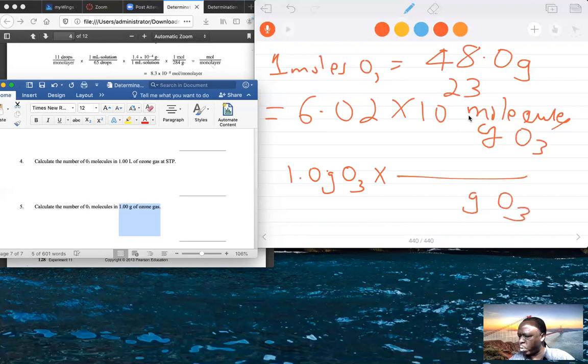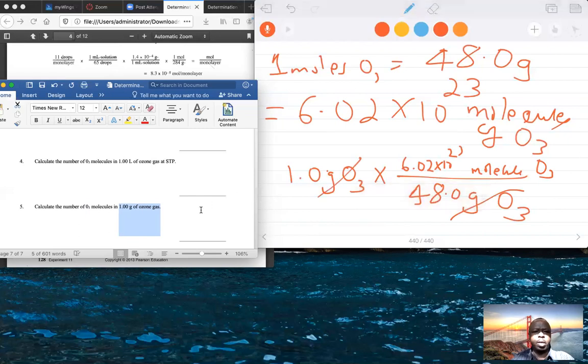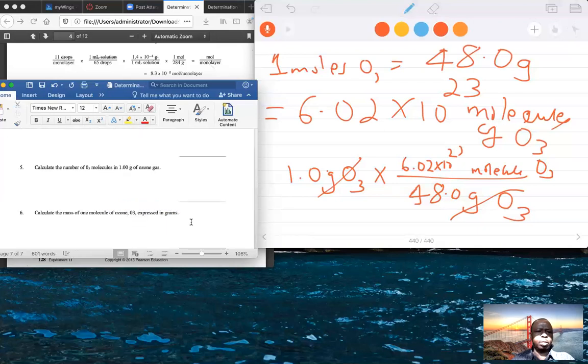You are looking for molecules of O3. This is Avogadro number times 10 raised to 23 over 48.0, and then grams and grams go away. You plug it in your calculator and you end up with that. That's how you do this. Probably maybe you have not covered that. Still, it's general knowledge they expect you to understand.